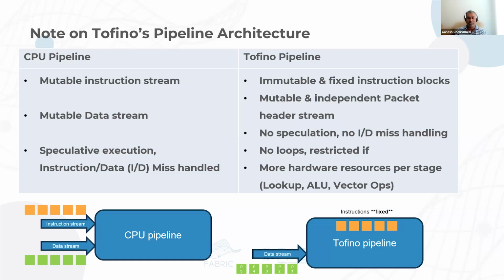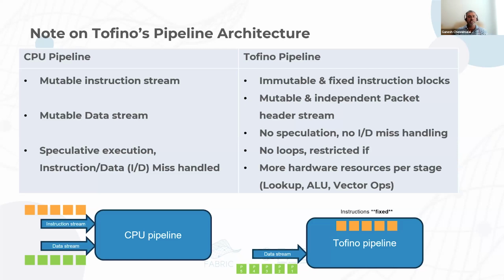If you compare that with CPUs, AVX-512 supports something like 512 bits, and here we are talking about 256 bytes. So that's the difference. It is almost like you can take 1,000 bits at a time and process it.